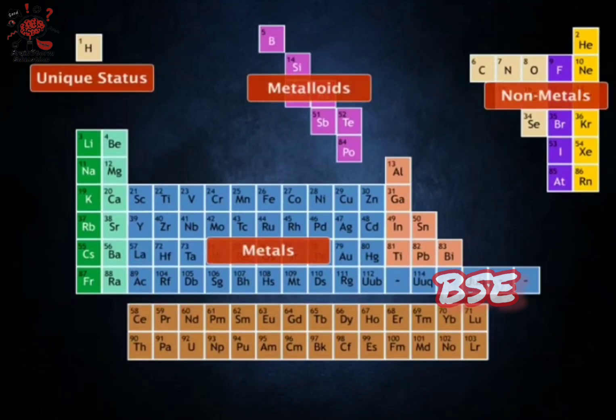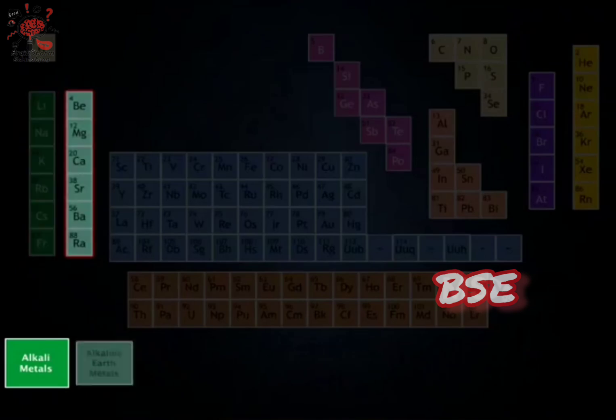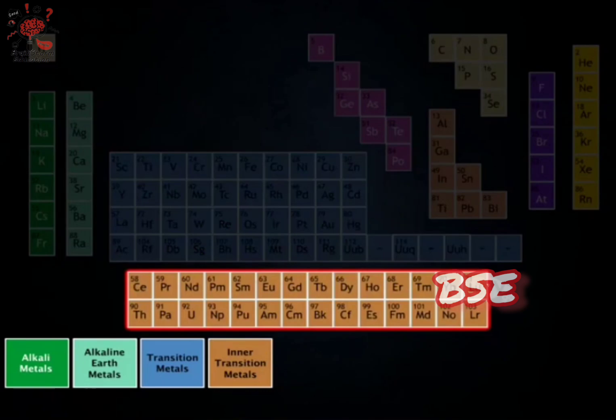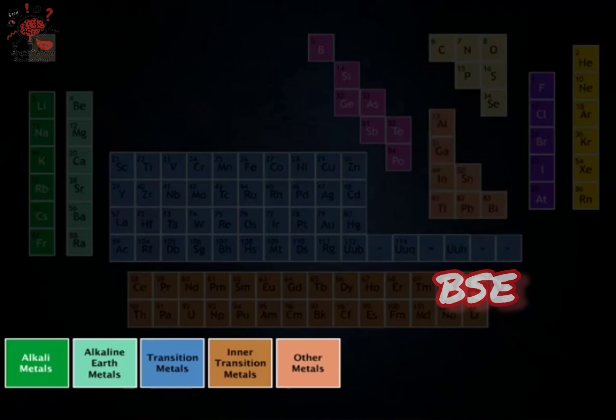Though hydrogen is a nonmetal, it has a unique status in the periodic table. These metals are further classified into alkali metals, alkaline earth metals, transition elements, inner transition elements, also called rare earth metals, and other metals.